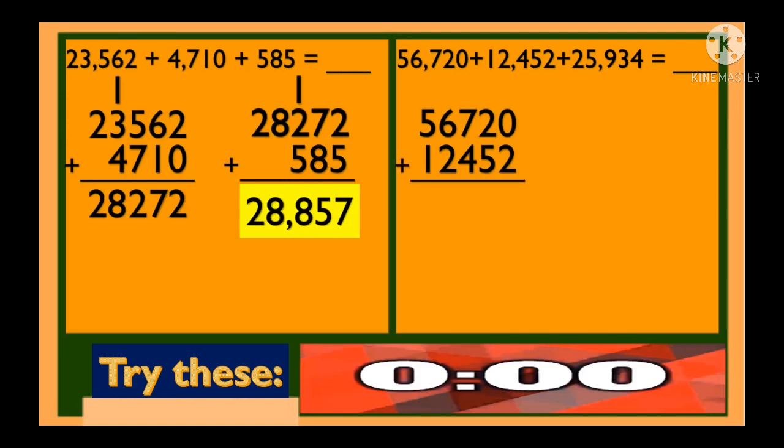And let us now solve. What is 0 plus 2? 2, correct? 2 plus 5, sorry for that, that's 7. Okay. 7 plus 4.